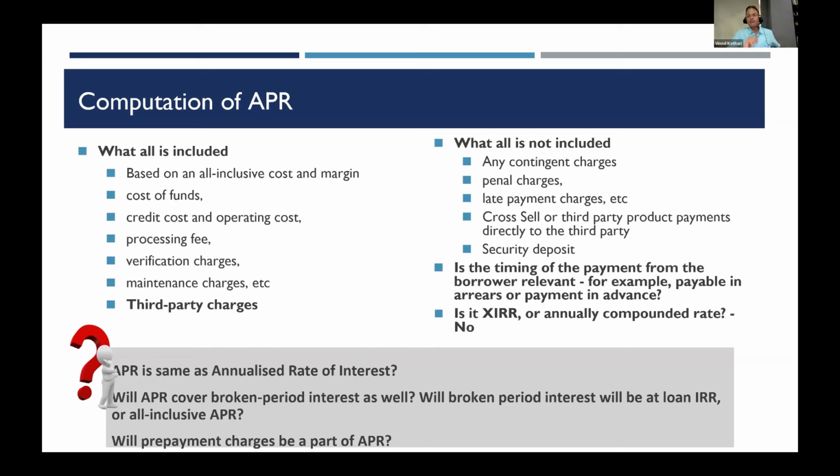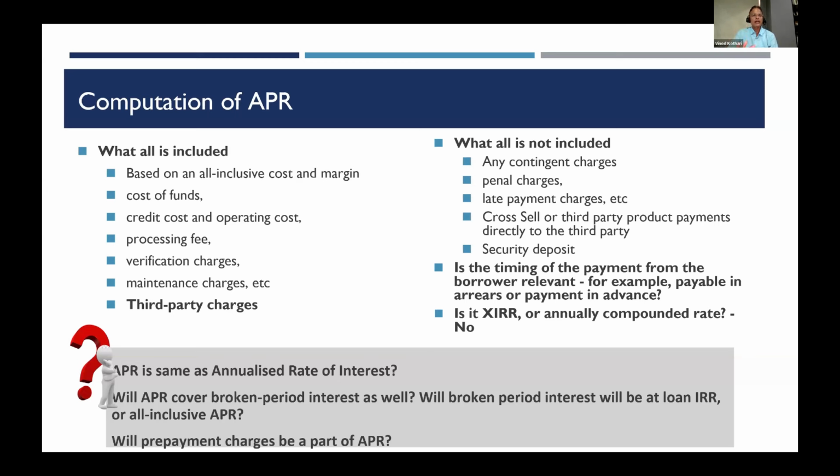Is the timing of payment from the borrower going to make a difference? For example, the borrower makes all payments in advance or in arrears. EMIs are payable at the beginning of the month or EMIs are payable at the end of the month. These practices are there among many lenders. If the EMIs are payable in advance rather than in arrears, it will impact the APR computation because we're computing APR by applying the IRR formula.